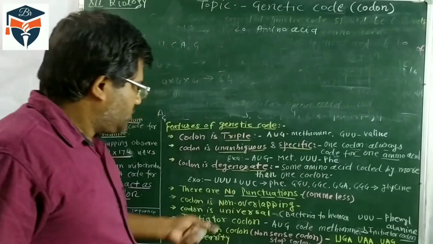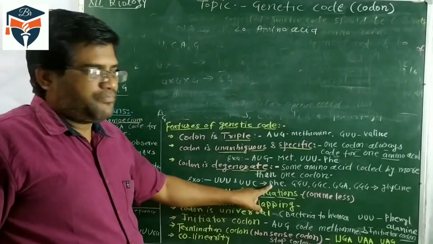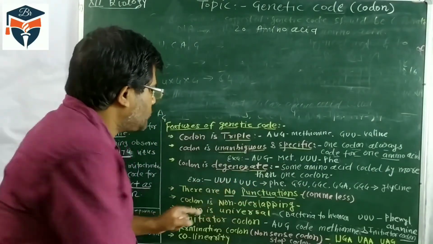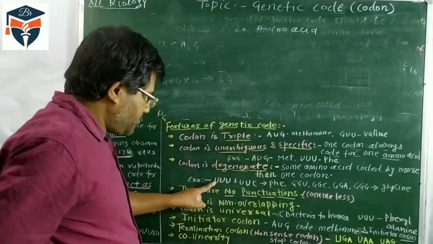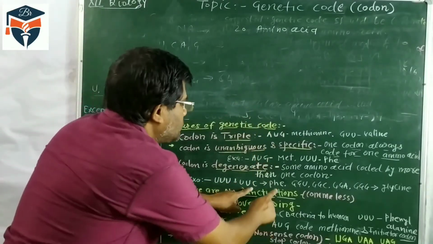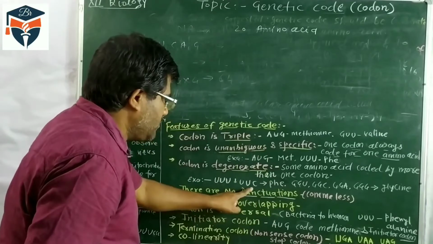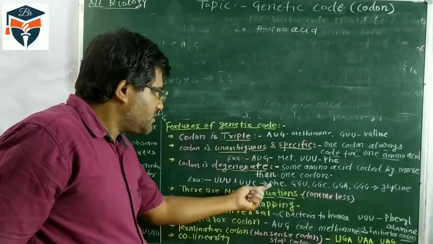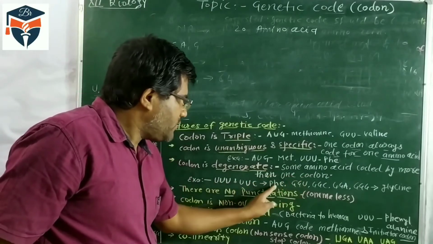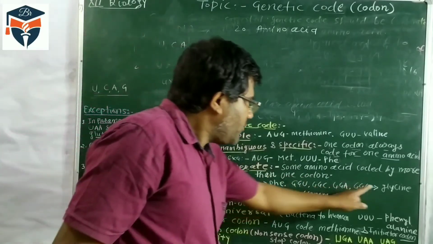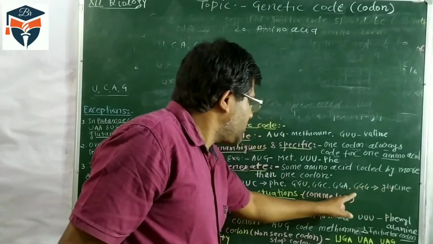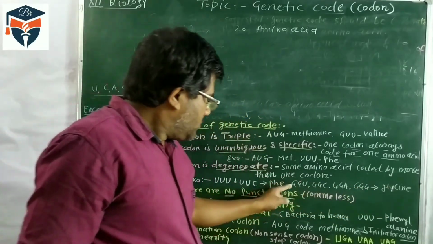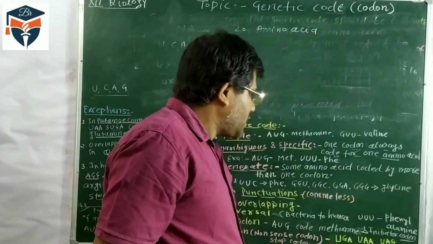Suppose you see phenylalanine. UUU synthesizes phenylalanine. UUC also synthesizes phenylalanine. So these two codons are different, but they synthesize one amino acid, phenylalanine. Similarly, glycine is coded by 4 different codons. GGU also codes for glycine.